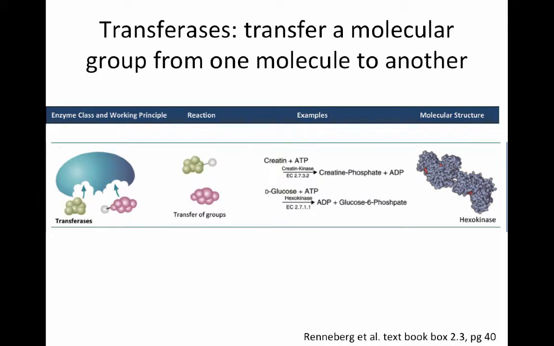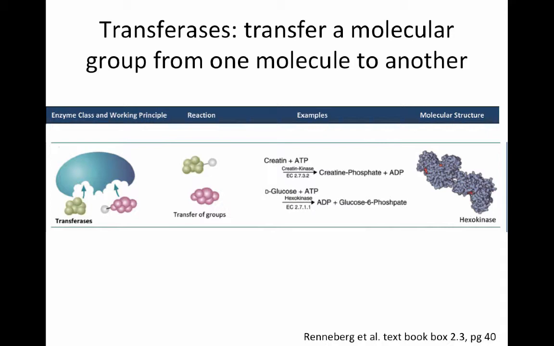The next group are transferases. These enzymes function to transfer a molecular group, or like a side part of a molecule, from one molecule to another. Our example here is D-glucose plus ATP. In this case, the ATP has this extra phosphate side chain you can see in the gray ball, and these fit into 2 active sites of the enzyme.